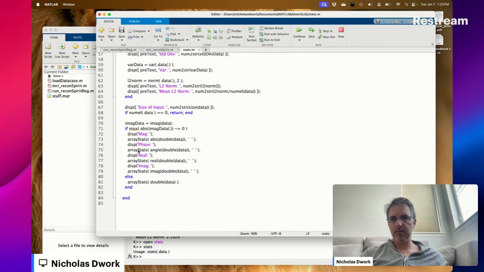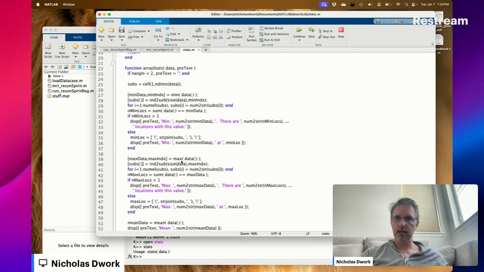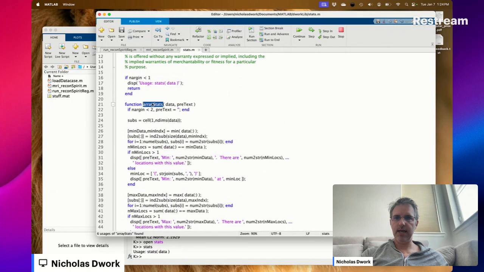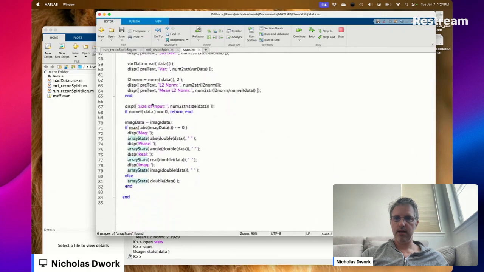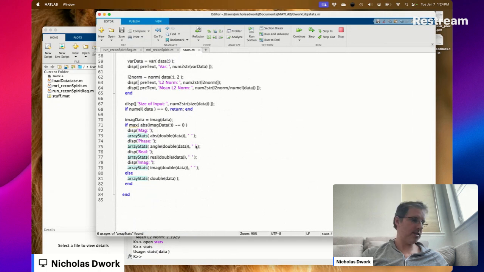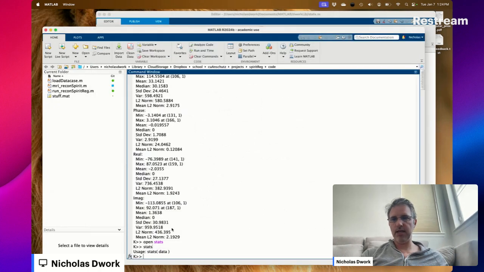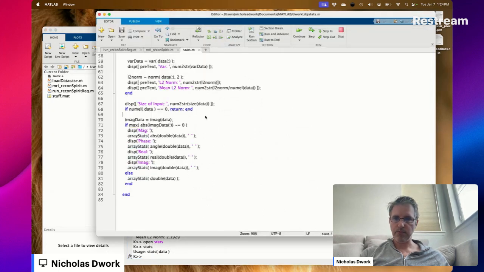I just set it up to pass in different types of data. And none of these use a pretext, right? Array stats. Oh, the pretext is just spaces to indent a little bit. So this indent here is what that's doing. Fine, okay.